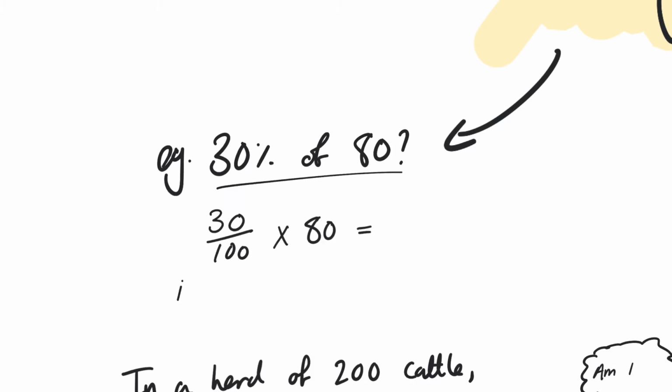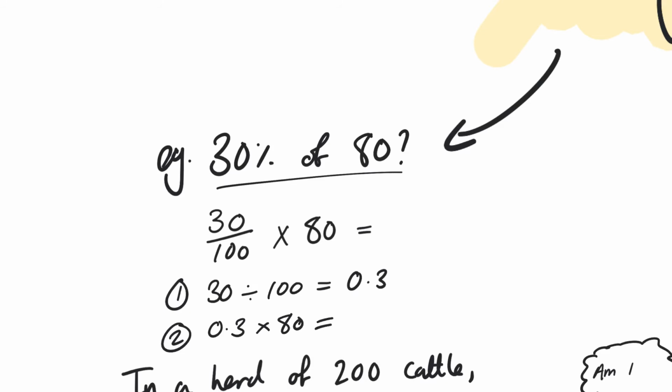Again, you can do it in two steps. So step number one would be 30 divided by 100, which is going to give you 0.3. And then step two, you would do 0.3 multiplied by 80, which will give you 24. So your final answer there, 30% of 80 is 24.